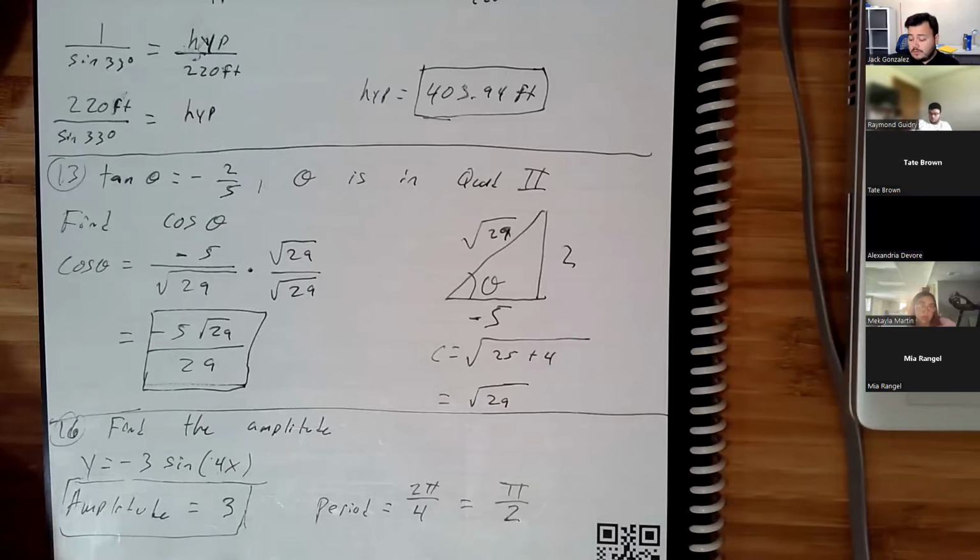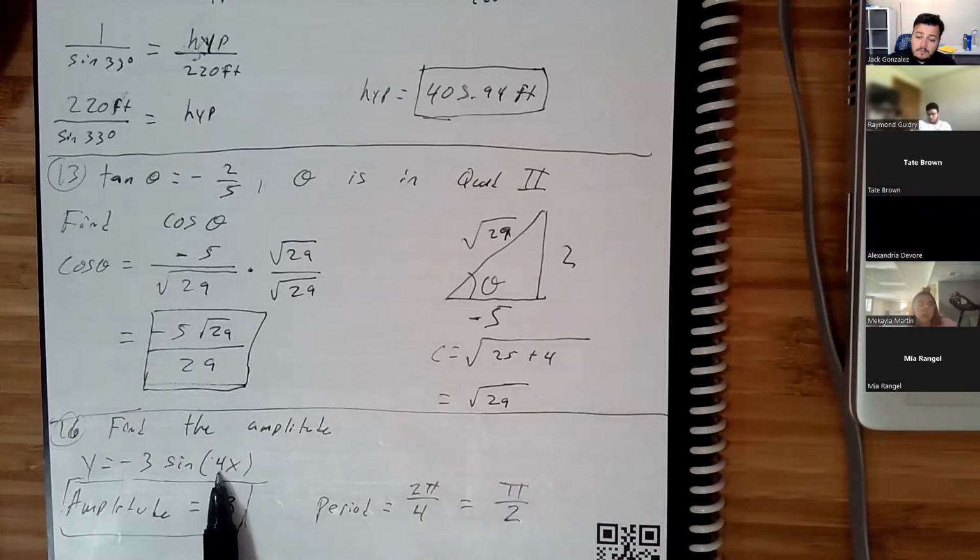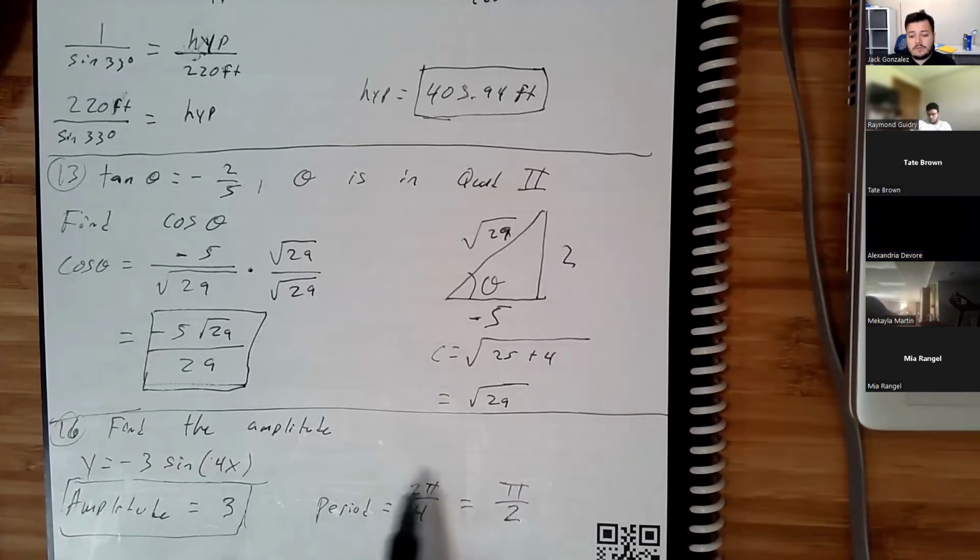Oh, the period is always going to be 2 pi, Gabby, divided by whatever number is next to the x. So 2 pi over 4. That reduces to pi over 2. So the period is this guy.